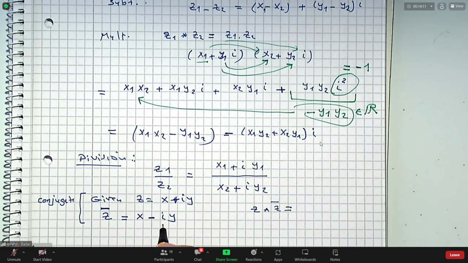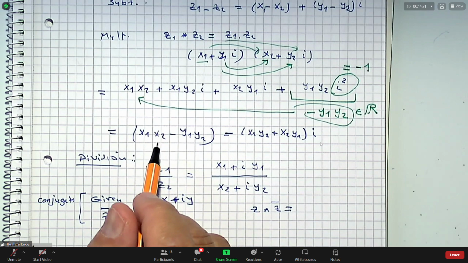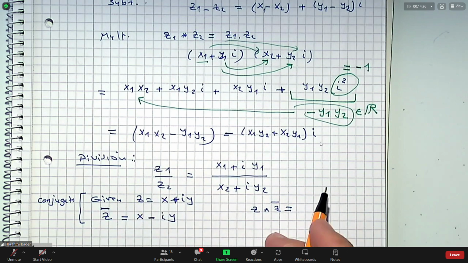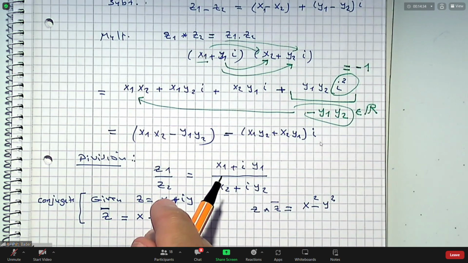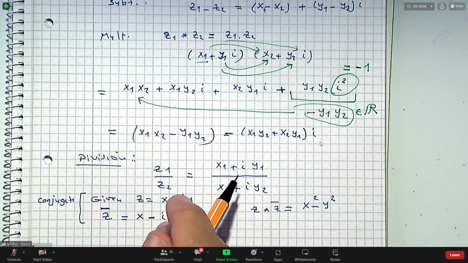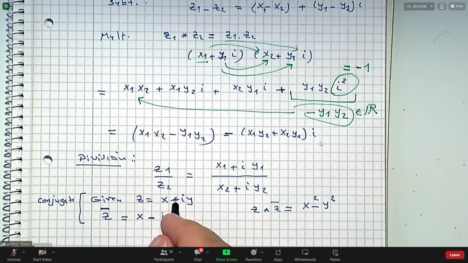So if you apply this rule, we get x squared minus y squared, and the imaginary part will cancel out, because I'm going to get x times yi once in positive, once in negative, and it will cancel out.